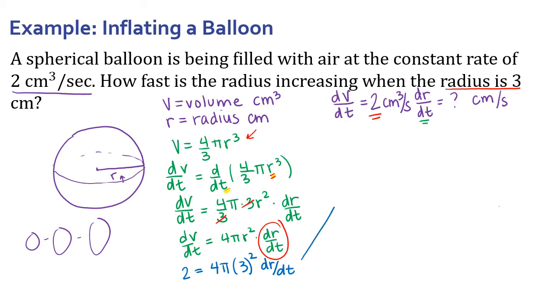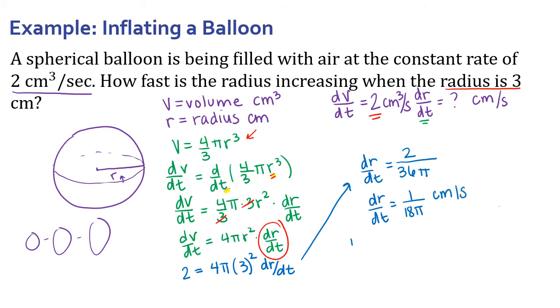So that's going to give us dr over dt equals 2 over 4 times 9, which is 36, so 2 over 36 pi. We'll keep it exact. So that's going to be 1 over 18 pi, and let's make sure we include our units, centimeters per second.